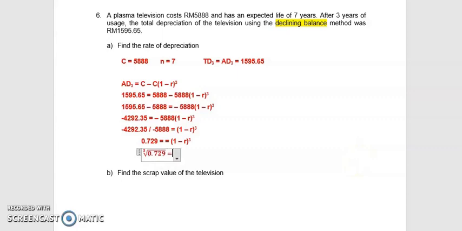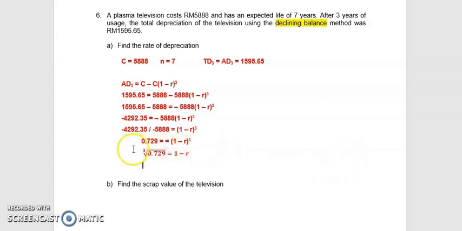On right hand side, we have 1 minus R. If you press calculator, this part you will get 0.9 equal to 1 minus R.